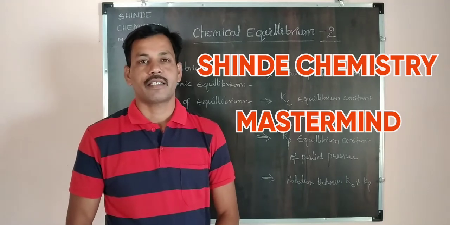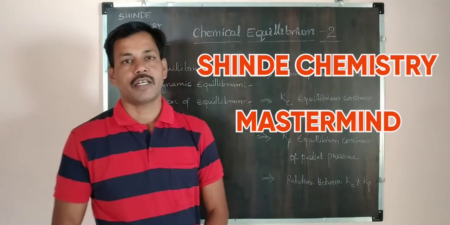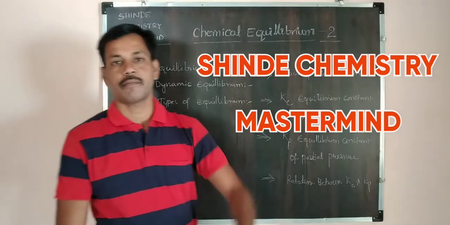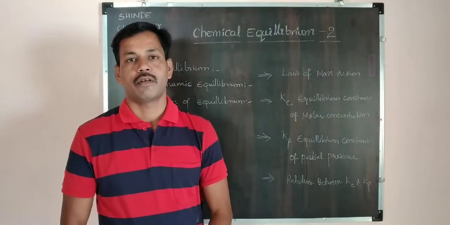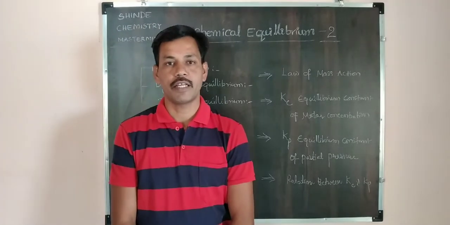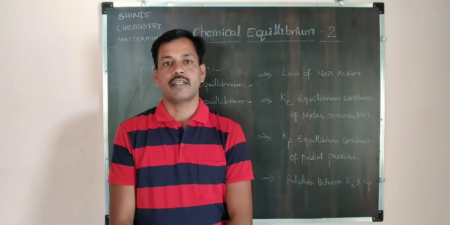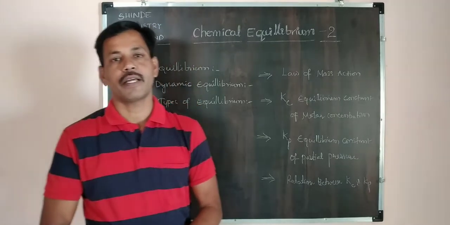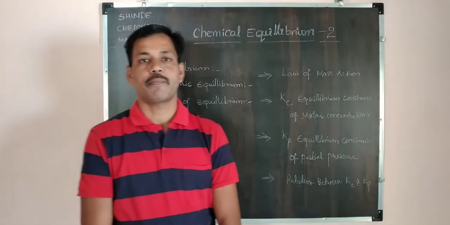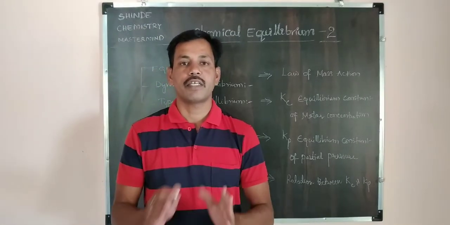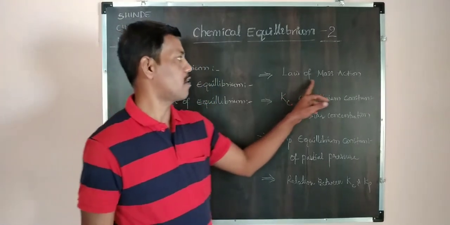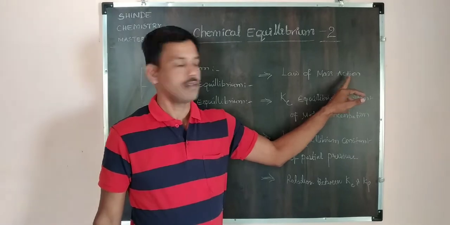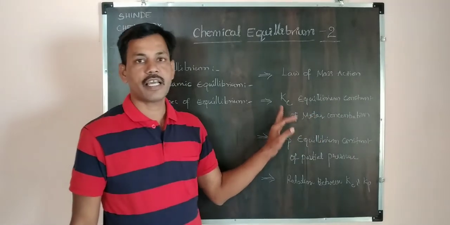This is my second session of chemical equilibrium. In a previous session, we discussed chemical equilibrium processes, what is meant by dynamic equilibrium, and the types of equilibrium. Now in this video, we are going to learn about the law of mass action, and second, Kc and Kp.